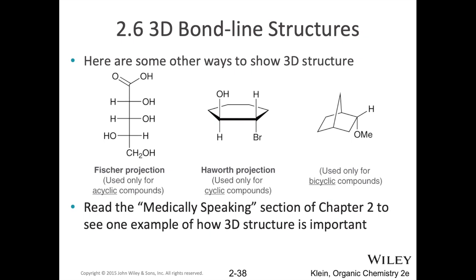All right. There are different ways to show 3D structures, and we use them in different contexts. Depending on what you're doing, sometimes there's one way that's preferred over another. So for example, if you're a biochemist and you're drawing out carbohydrates, you'll see that the most popular ways to do that are to use a Fischer projection or a Haworth projection.